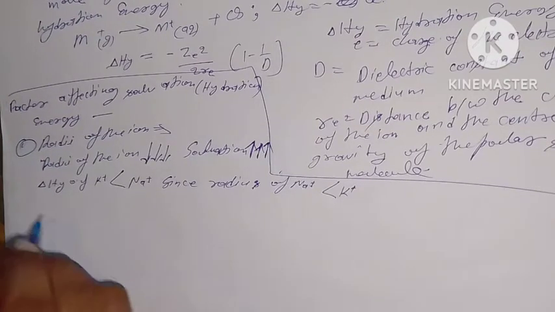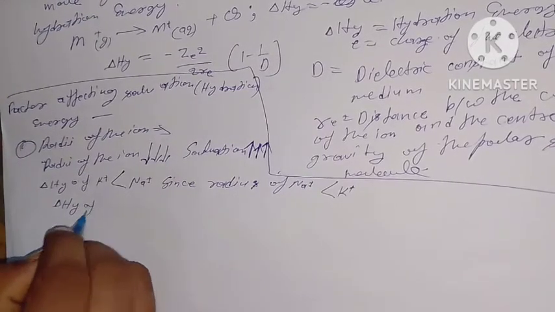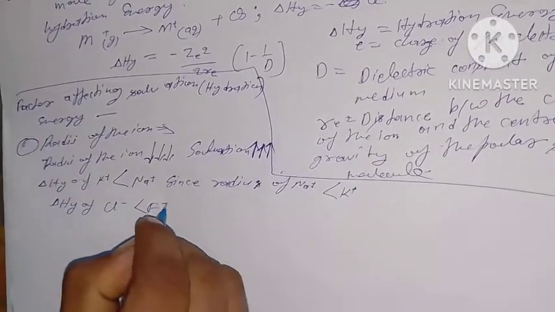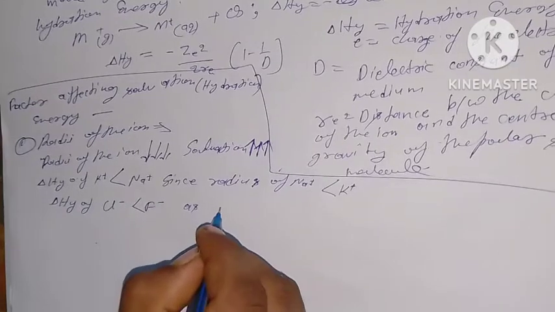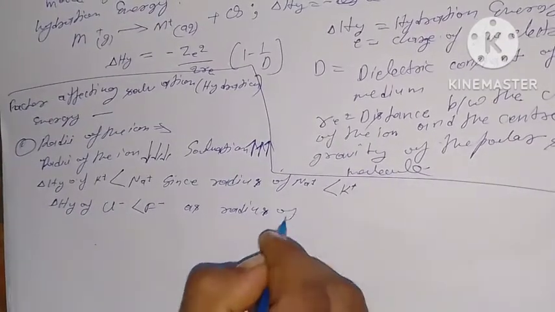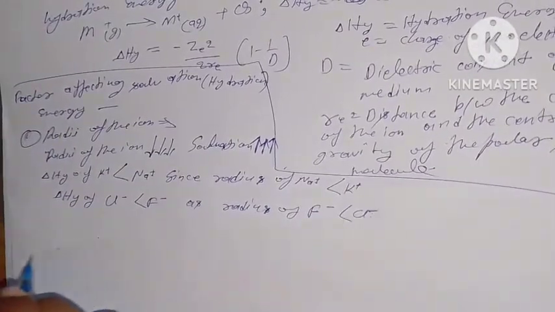And delta H hydration energy of chlorine ion is less than fluorine ion, as the radius of fluorine ion is less than chlorine ion.